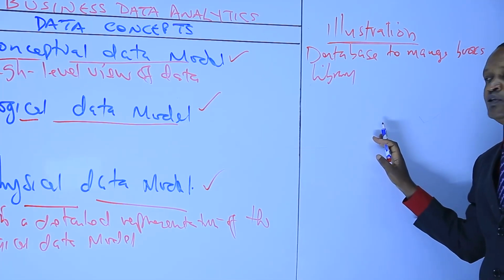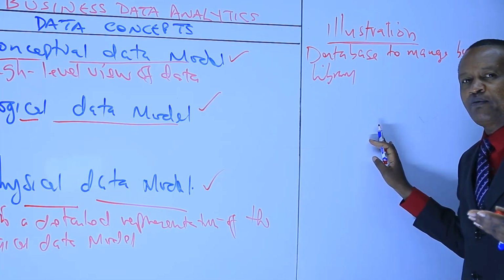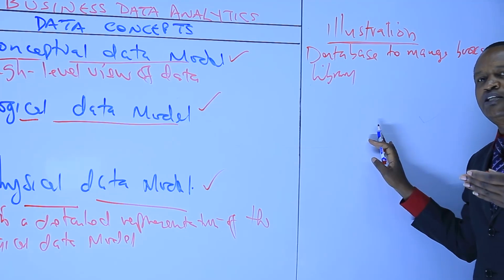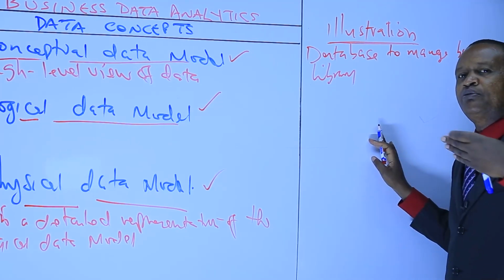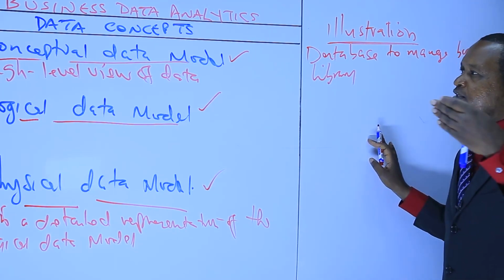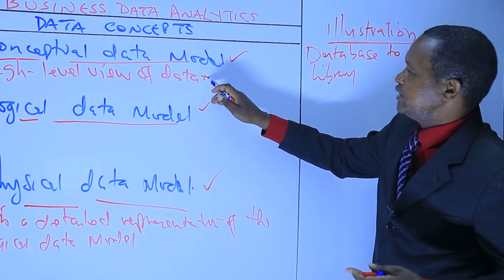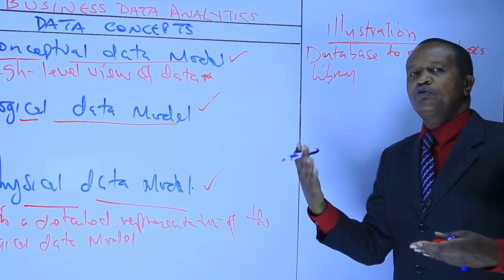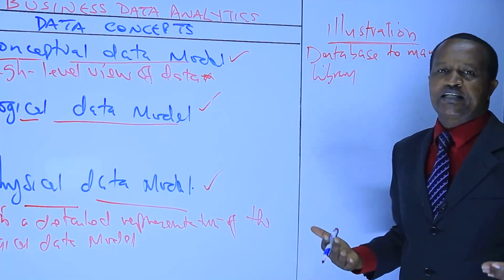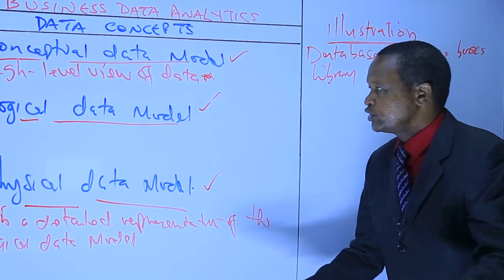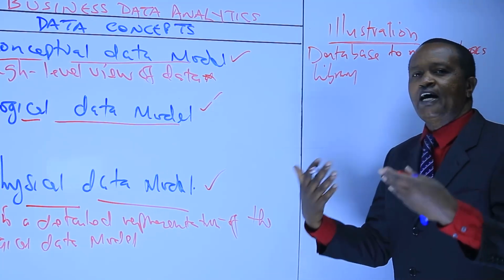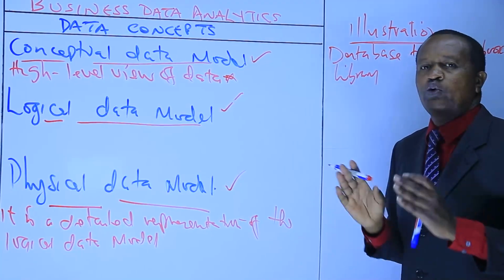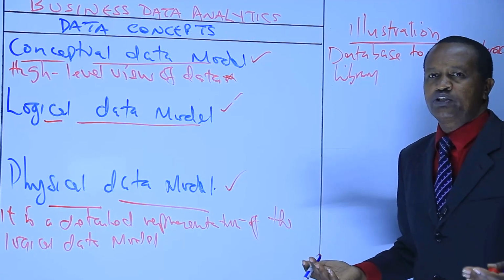Now, the conceptual data model will first of all describe the high level view of the data, without getting into specifics of how the data will be stored or how the books will be stored.